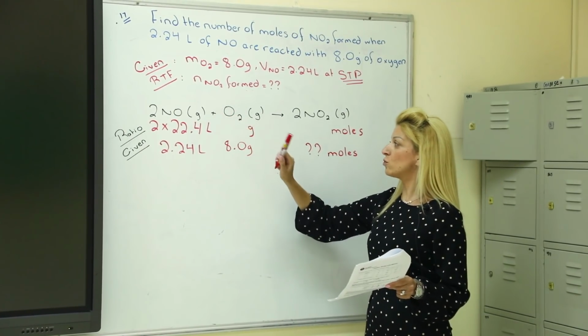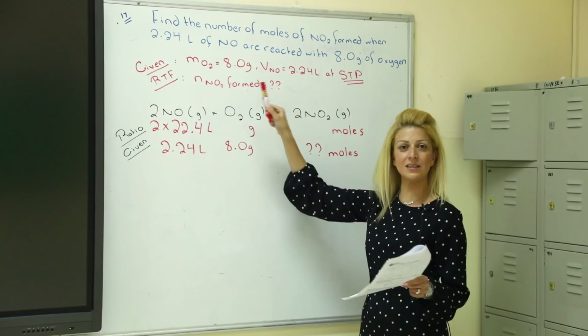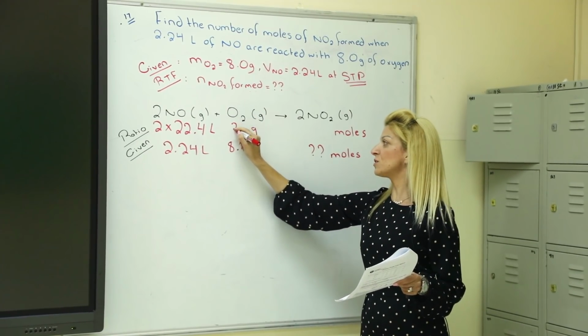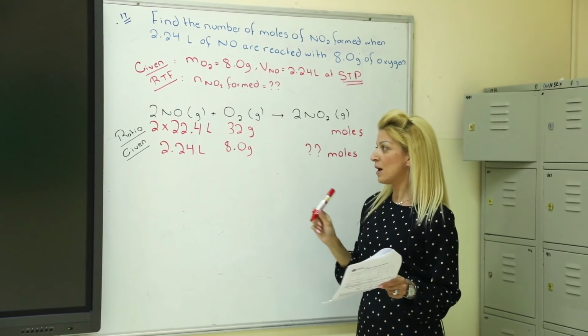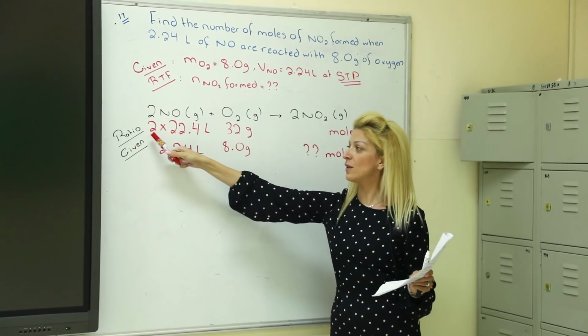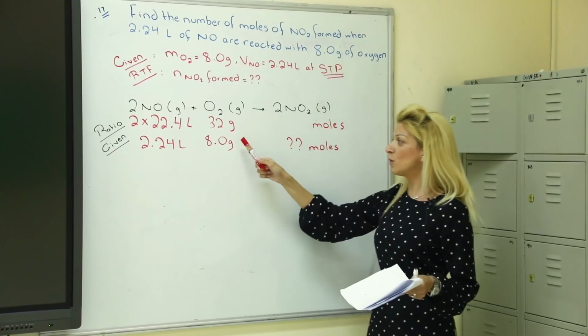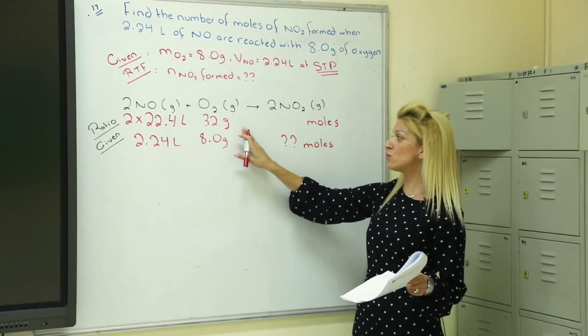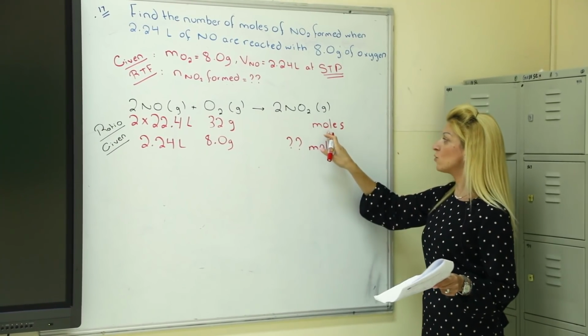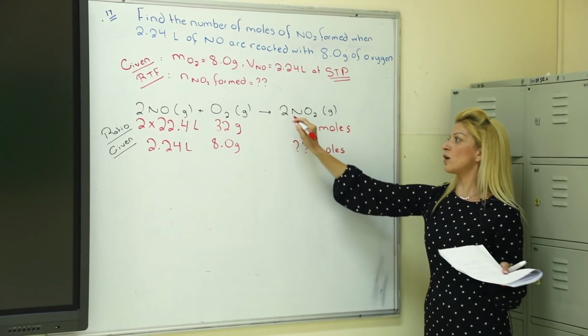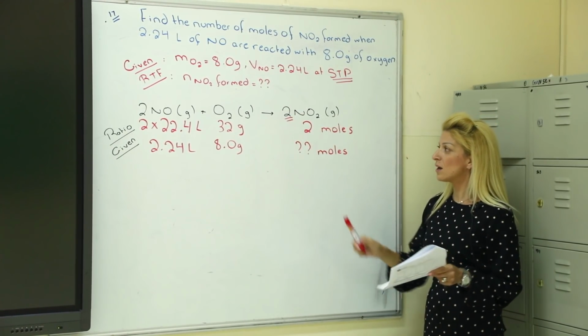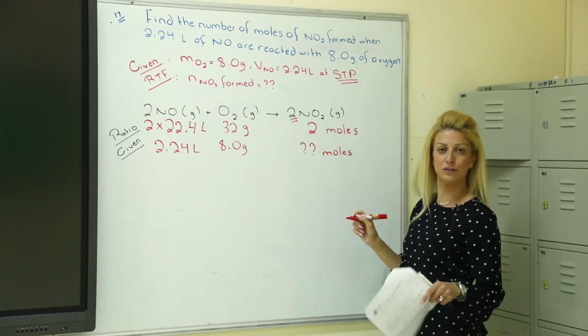And 1 O2 has a mass of 16 times 2, which is 32 grams. So according to my equation, 2 times 22.4 liters of NO will react exactly with 32 grams of oxygen to give me 2 moles of NO2, because the coefficient of NO2 is 2.